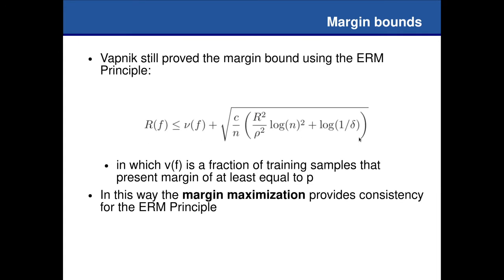This is the formulation that came up after the generalization bound. This is the expected risk, as we mentioned before. This is the empirical risk.